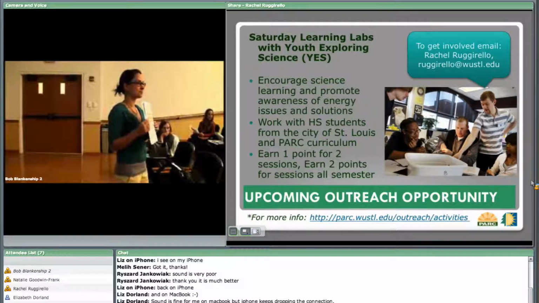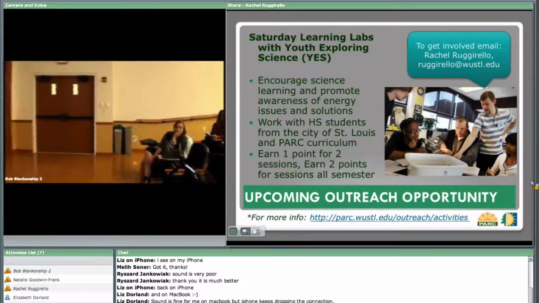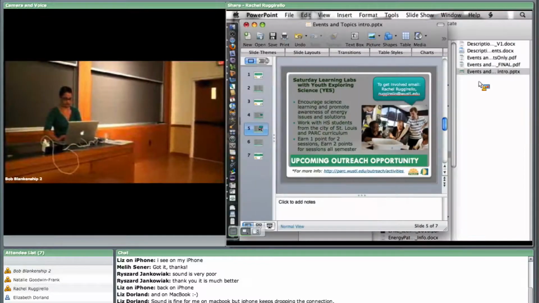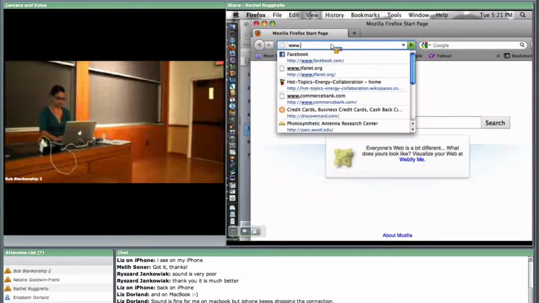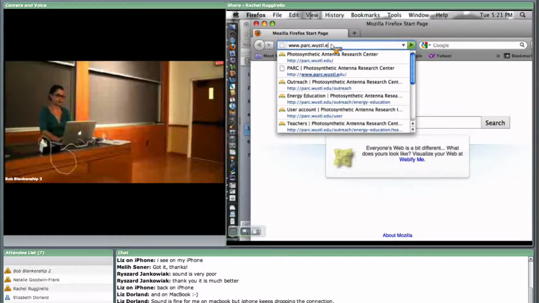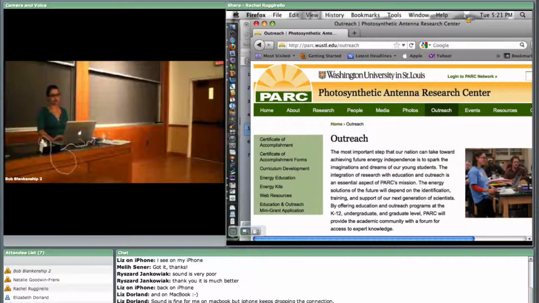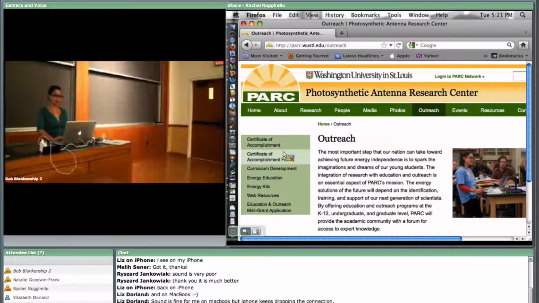How can I figure out which classes qualify for this? There are 3 course clusters, and on the PARC website, we have them all listed online. If you think that a course should fit and it's not listed, you should let us know, because the courses change here every single year, and we want to update it for other people in the certificate.